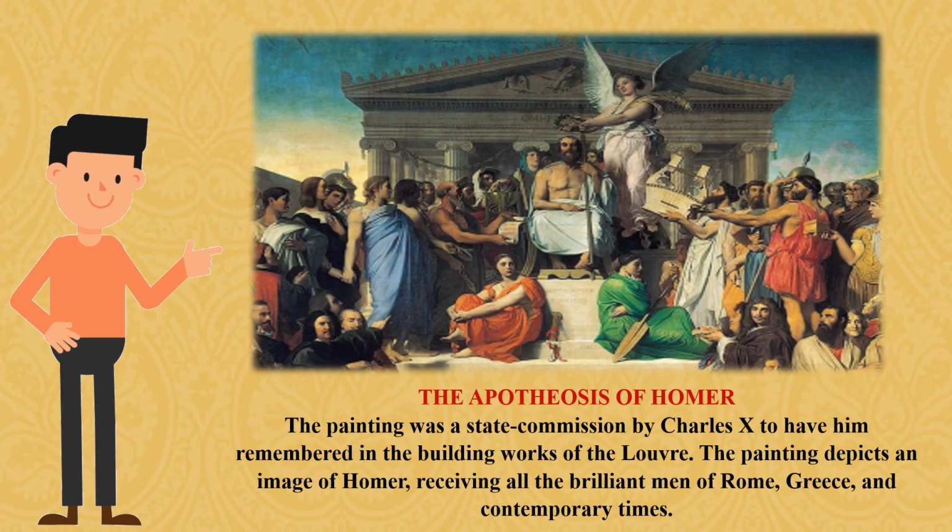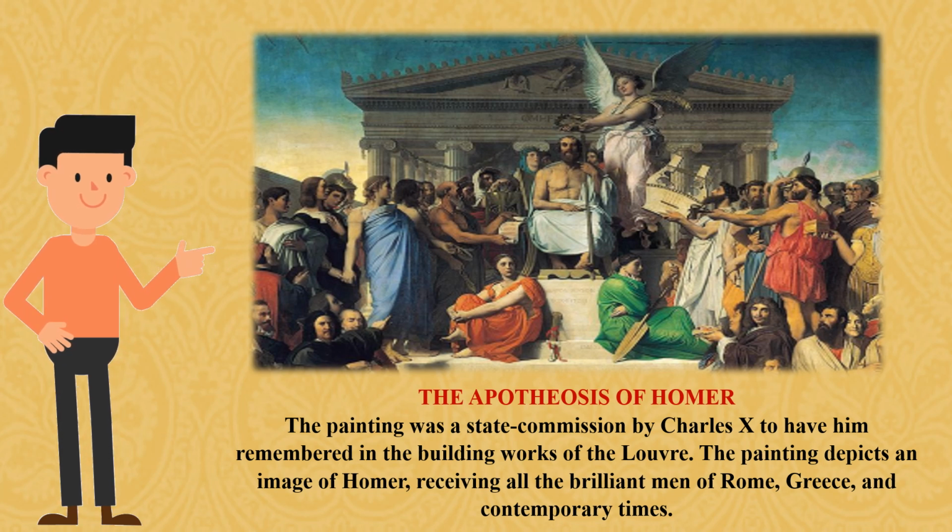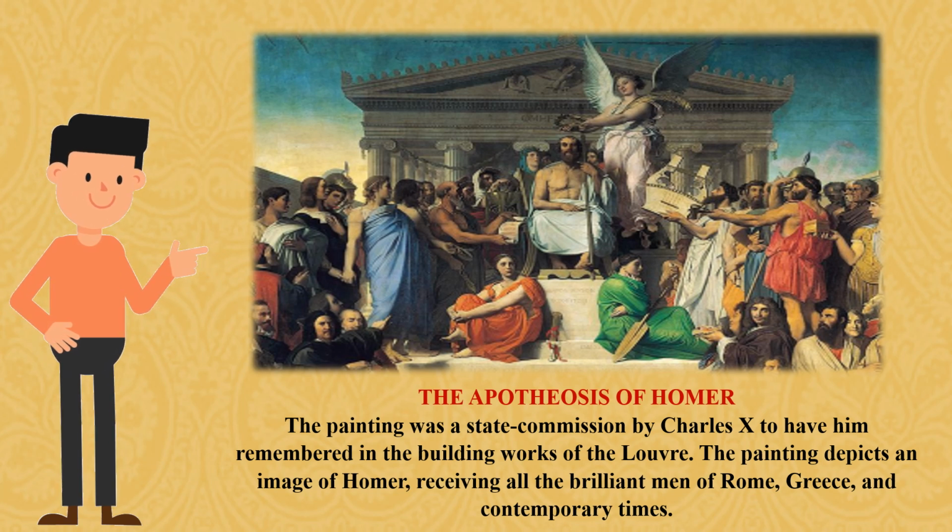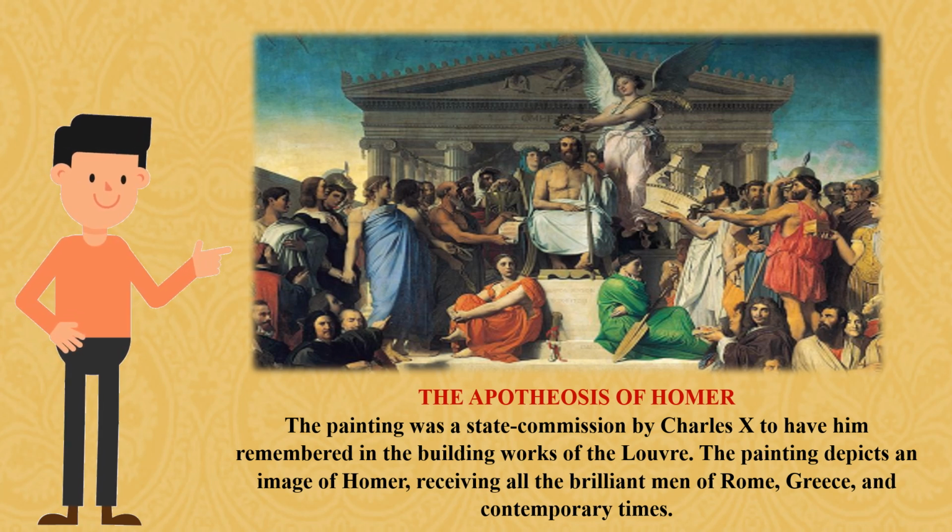And then, since a while ago we mentioned that some of his themes are about mythology, we have here the Apotheosis of Homer. If you are familiar with your literature, we have Homer's Iliad, and the Odyssey, or the Odysseus, about his journey to Ithaca.